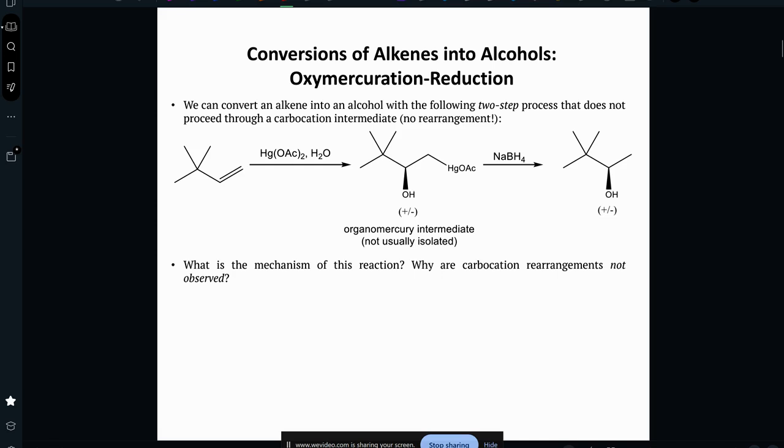This two-step process, oxymercuration, comes from the fact that we're adding oxygen and mercury, Hg, in the first step, and then in the second step we're removing the mercury. So sometimes this is also called oxymercuration demercuration because the second step is removing mercury.